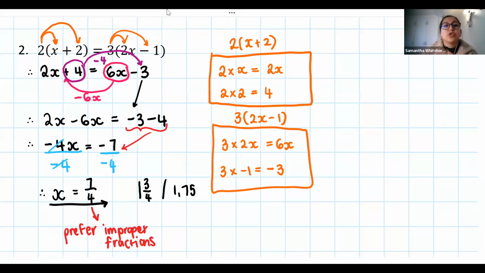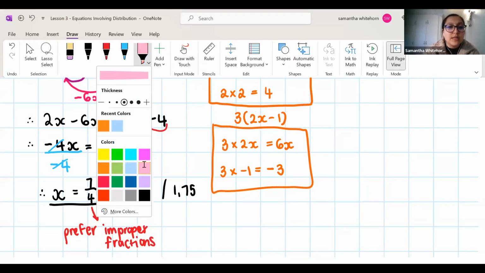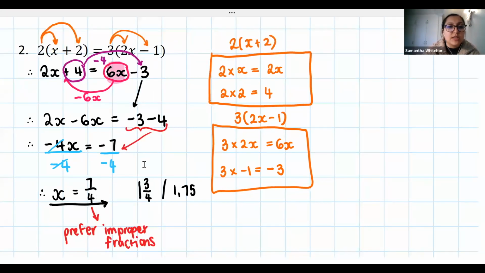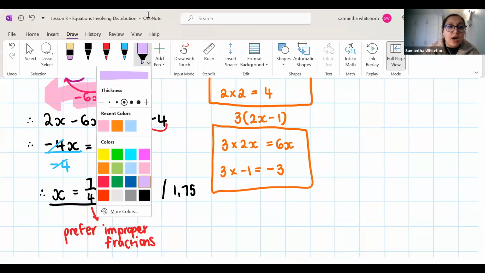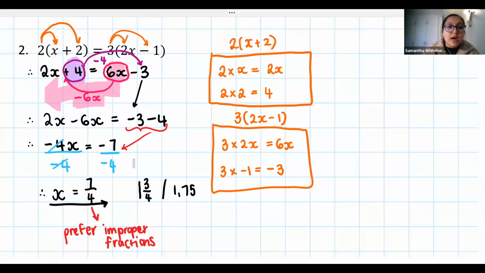What I'm trying to show you is that we want to take this 6x and move it to the left-hand side. If you do that, you then have to subtract it because it was +6. If you bring it over, it becomes -6. The same thing with the 4. I want to move it to the right-hand side, and because it was +4, I now need to subtract 4 in order to bring it over.